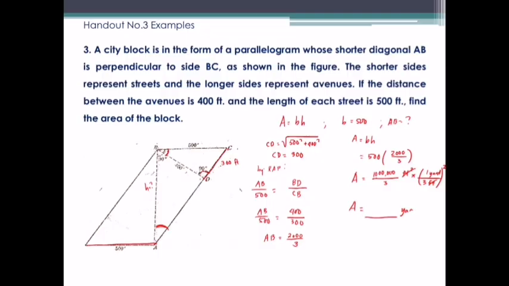Do not forget, this is 1 million over 3 divided not by 3, but this should be 3 squared, so divided by 9. So that you get your answer now, 37,037.04. So that is your answer in square yards. Okay.